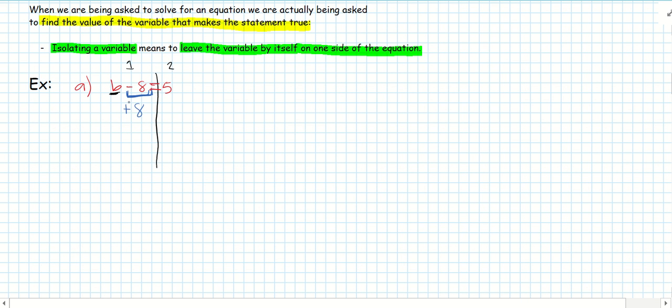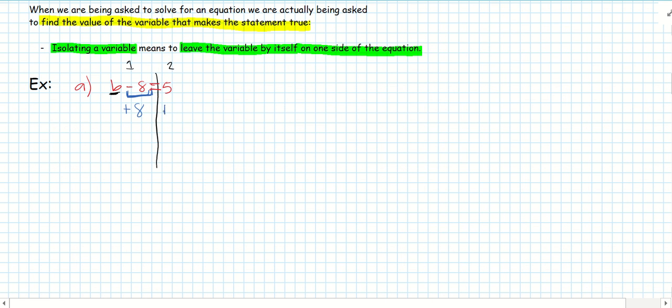Now, I did not have plus 8 on the left side. This is something that I just added, something new that wasn't there. So because I'm the one putting this positive 8 there, I know that it's not random, because I'm just doing the opposite of negative 8, but because that wasn't there before, I have to do it on the other side too.